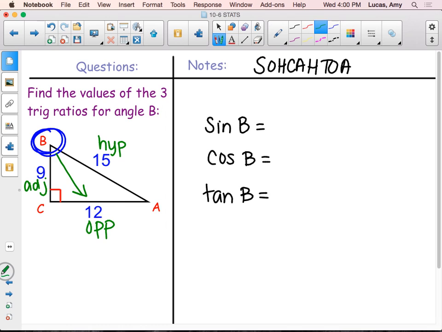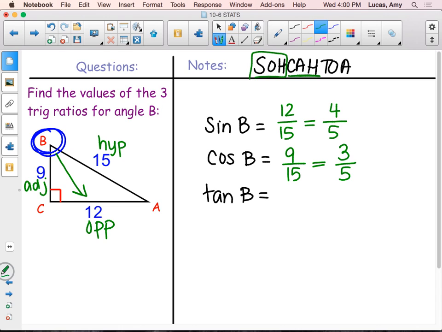So sine, opposite over hypotenuse, opposite is 12, hypotenuse, 15. This one reduces, so if I divide by 3, I would get 4/5. Cosine B, cosine is adjacent over hypotenuse. So adjacent is 9, hypotenuse 15, reduce 3/5.